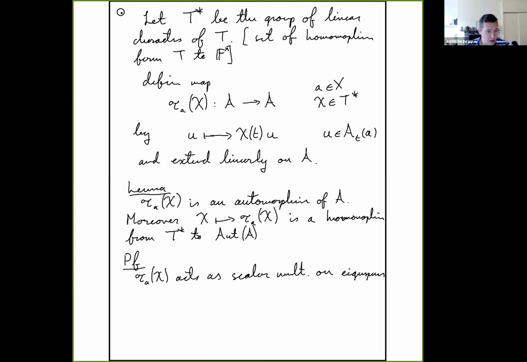And so in particular, if I multiply two things in two different eigenspaces, what do I need to check here?